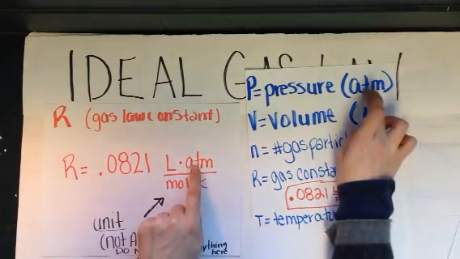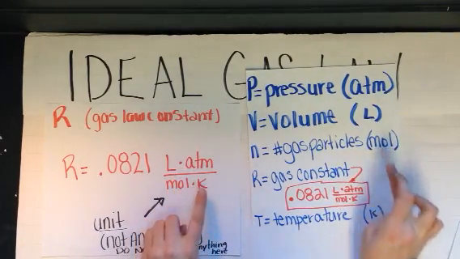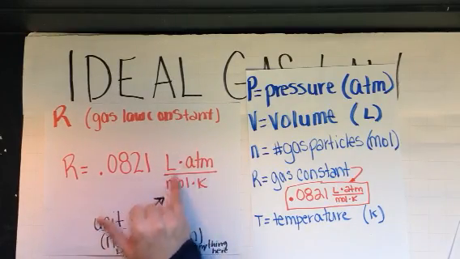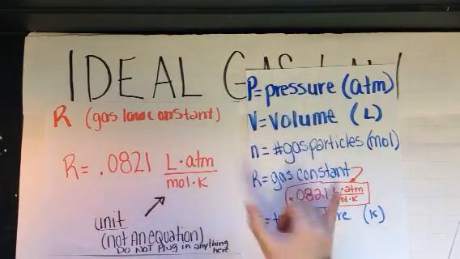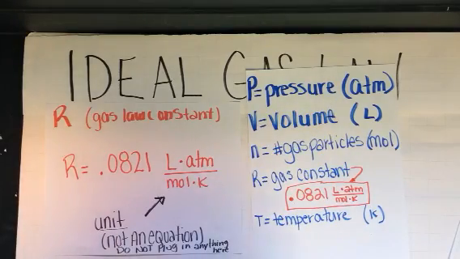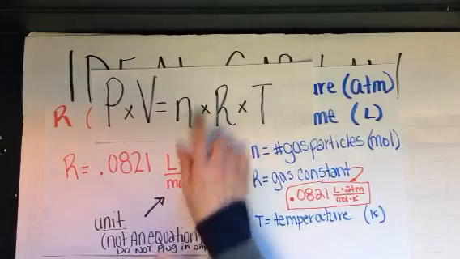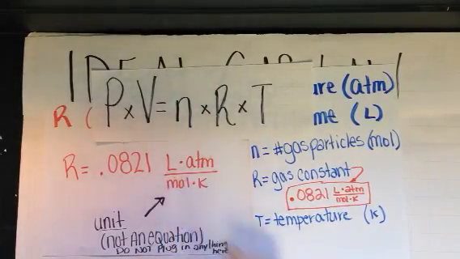Well, ATM, liters, moles, Kelvin. R shows us all the units that the other variables should be in. Kind of a nice, easy way to remember what units I should have. Okay? This, though, is the equation we're going to plug it into. Not this. This is not an equation.